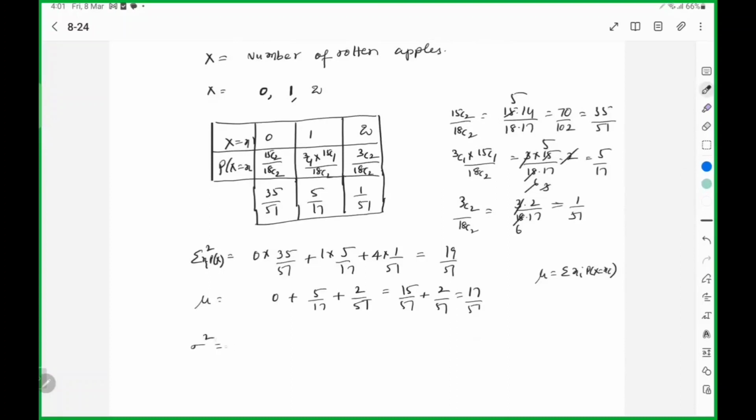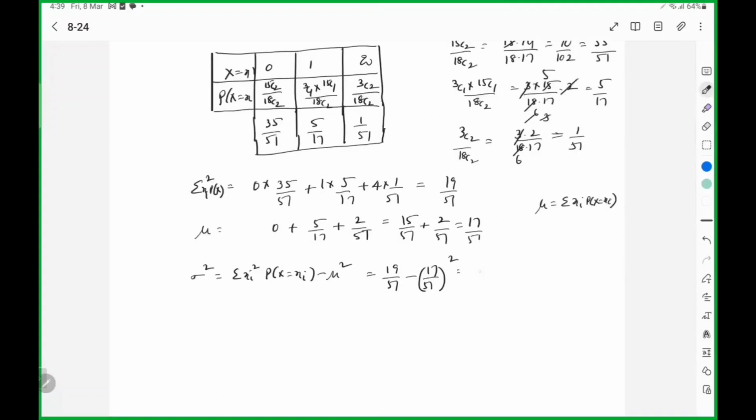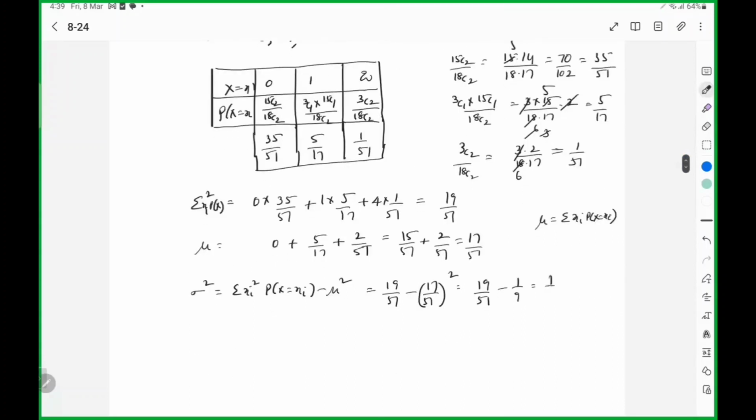So variance is sigma xi square p of x equal to xi, 19 by 51, 17 by 51. So 19 by 51 minus 1 by 9. So 1 by 3, 19 by 17, 5740 by 153.